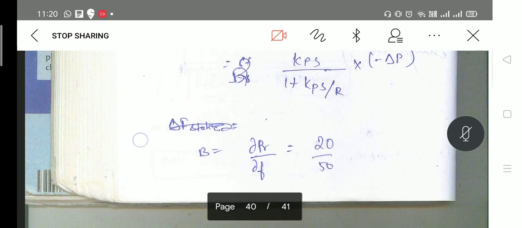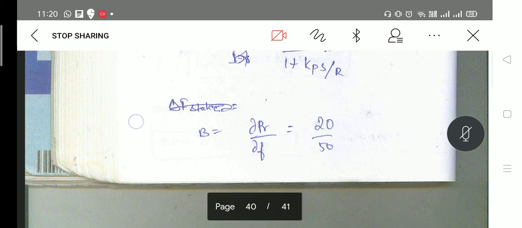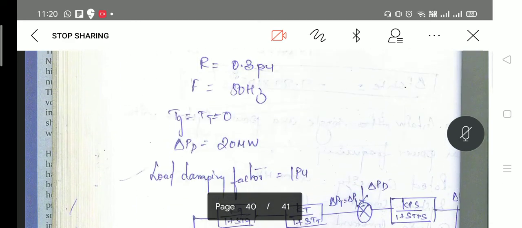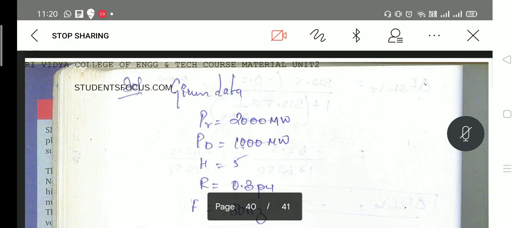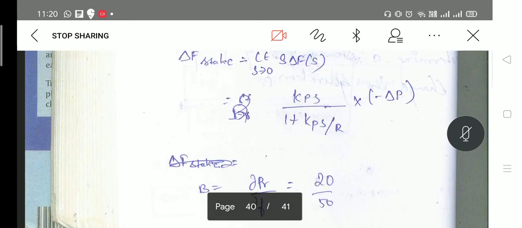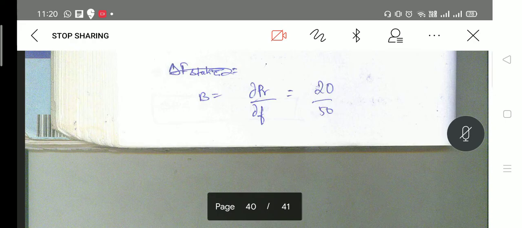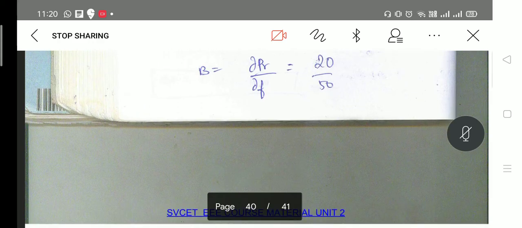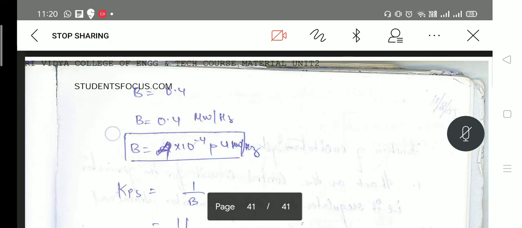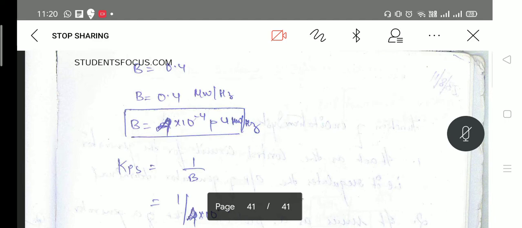First we can find the B value, that is delta PR by delta F. Delta PR is given as 20 by 50. No frequency or percentage value is given, so we can directly write 20 by 50. So B value is 0.4 megawatts per hertz.